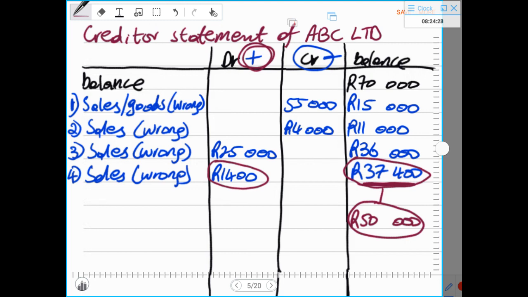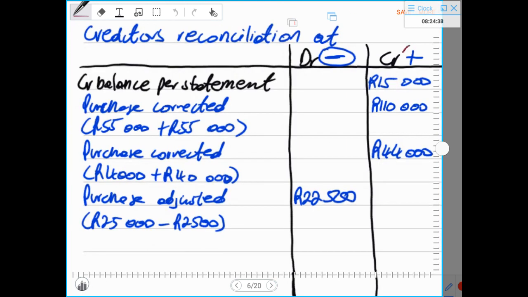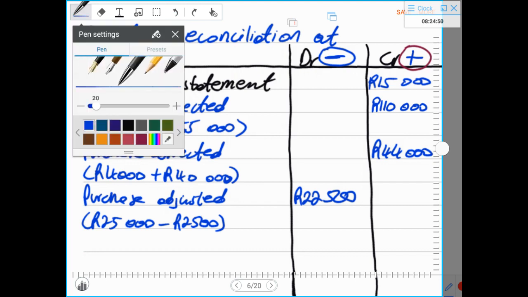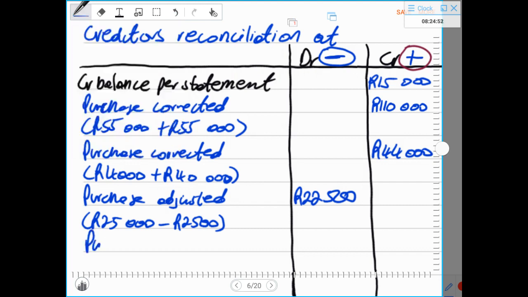And when the balance is understated, we add. And which side do we add? We add on the credit side. We add on the credit side of the creditors reconciliation statement. So in this case, we have to say purchase adjusted, because we have adjusted this purchase.